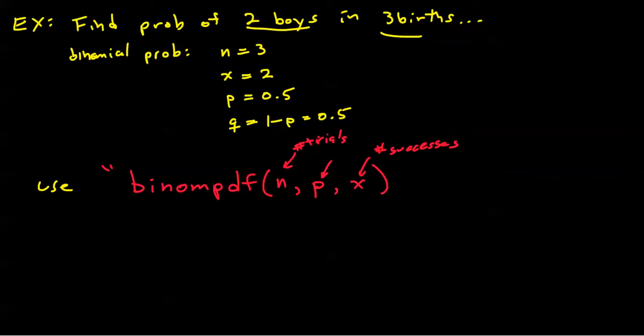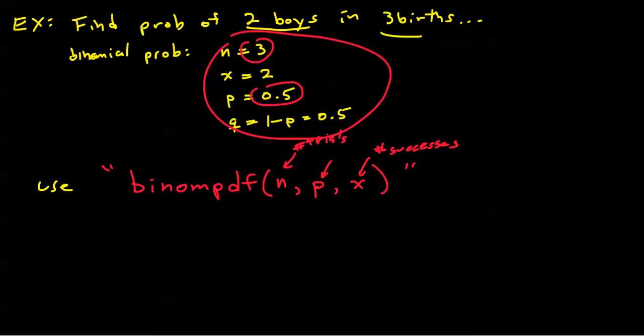Okay, so there's my binom PDF operator. Again, for this example, n equals 3, little p equals 0.5, and of course x equals 2. All I need to do is call up that binom PDF command on my calculator, and it saves me much of the handwritten drudgery if I wanted to apply the formula from first principles.